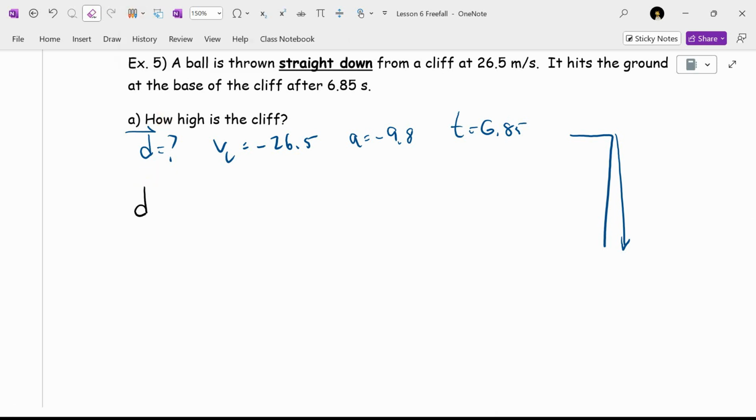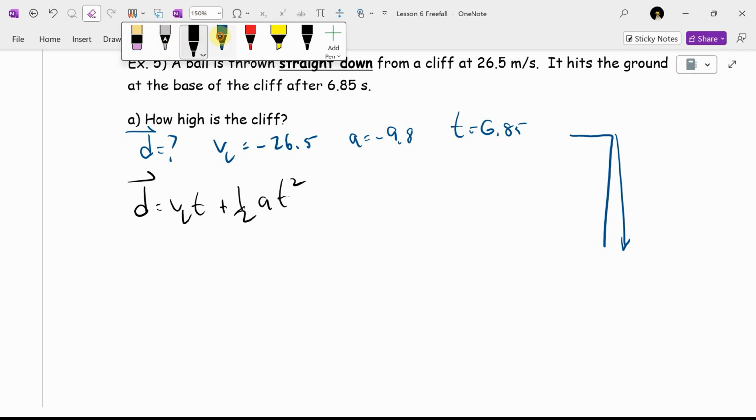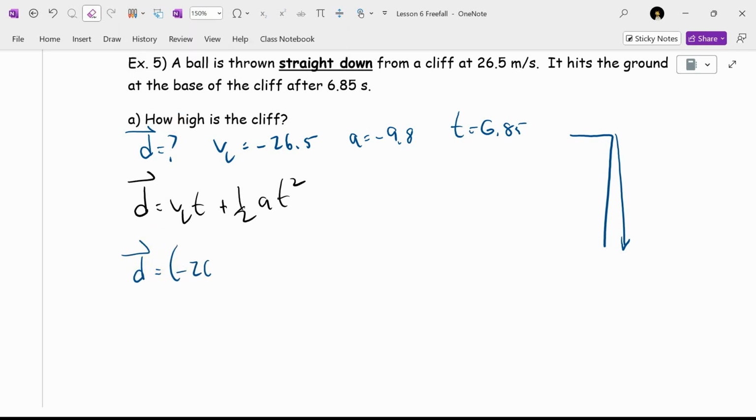Find it faster this time. VI T plus one half A T squared. I need to get the D by itself. It already is. It's going to be negative 26.5 times 6.85 plus 0.5 times negative 9.8 times 6.85. Don't forget the squared.